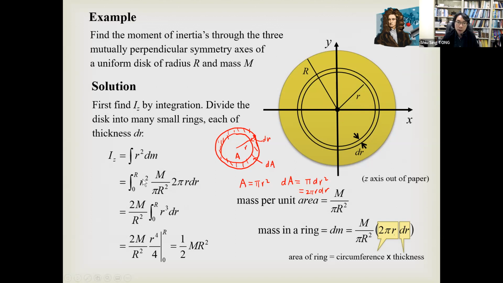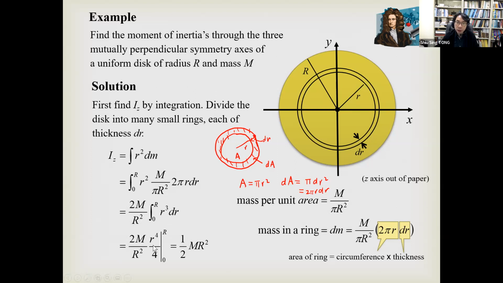Now you see, I have a small r squared here, and I have another small r here. So I integrate r cubed from 0 to R. The constants are taken out, the pi cancel, and I've tidied up some constants. I get something like this.